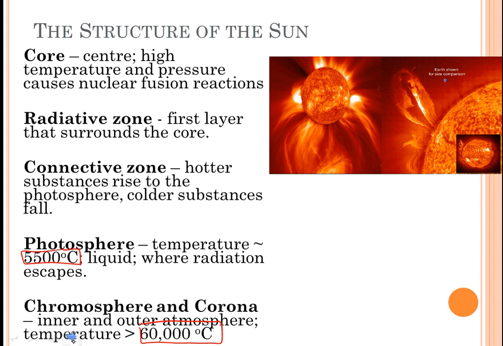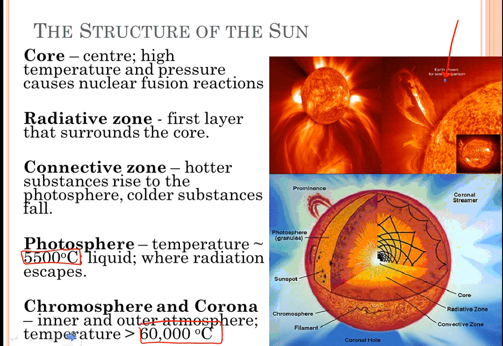So these are just some nice pictures of the sun. This is actually Earth, this little blue dot right here, just to give you an idea of the size of Earth for comparison purposes. We are not that close to the sun, however. And what this would be called is a solar prominence, and we'll talk about these in a little bit.